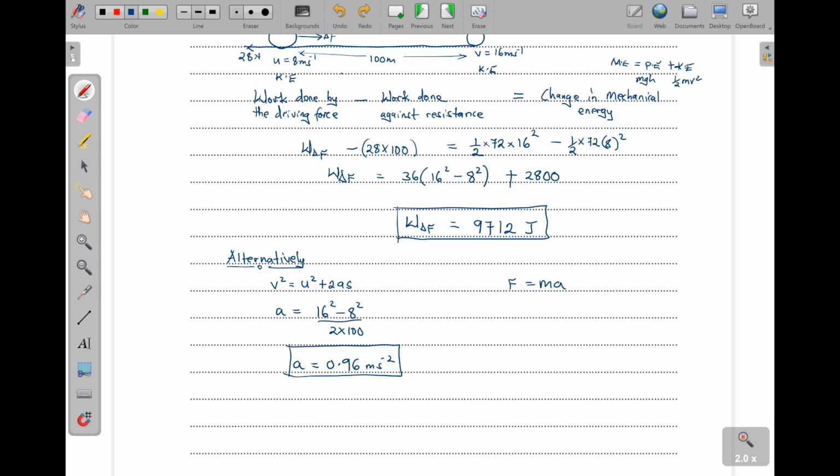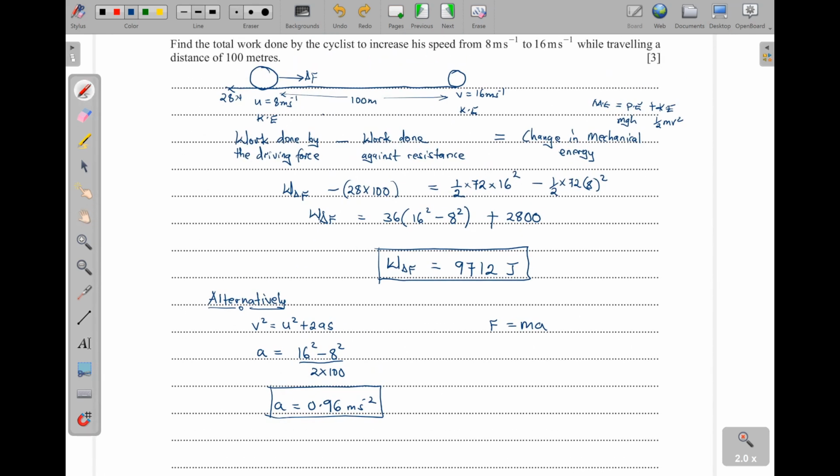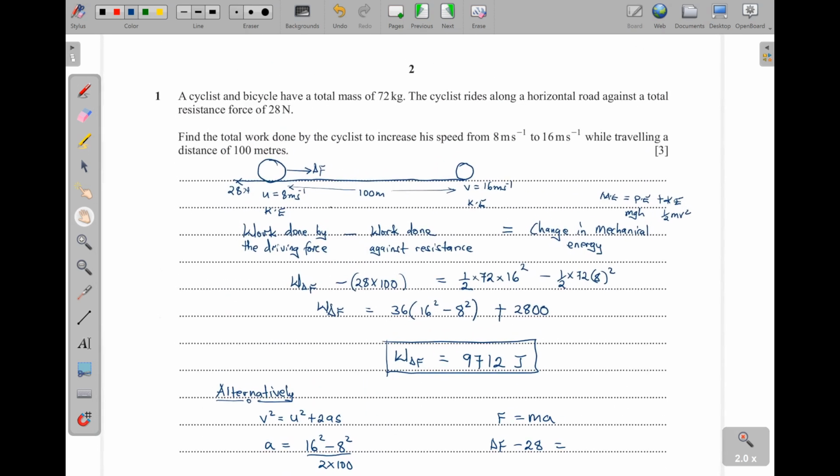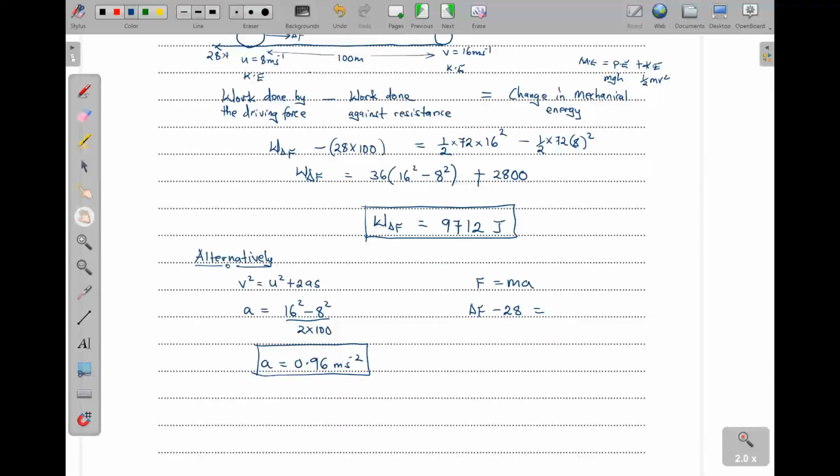Now, when this particle is going forward, the net force that takes it forward is the driving force minus the resistance force, which is 28, and this equals the mass, 72 kilograms, times our acceleration, 0.96.